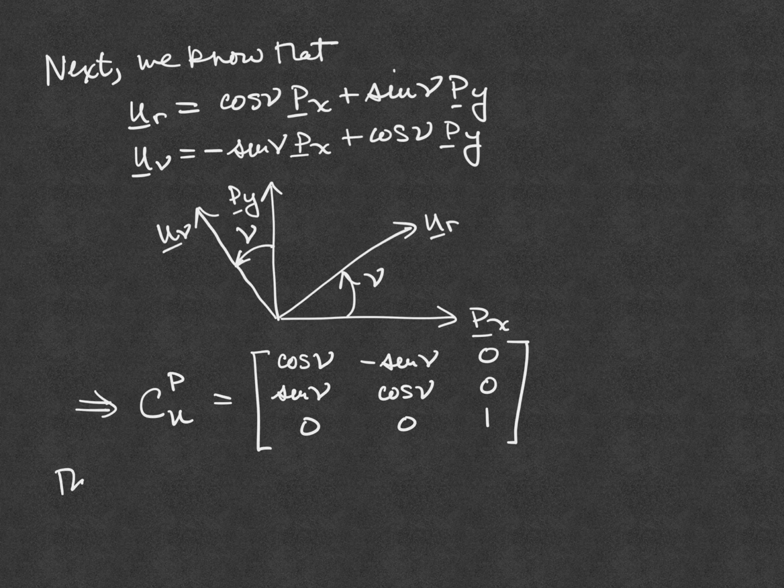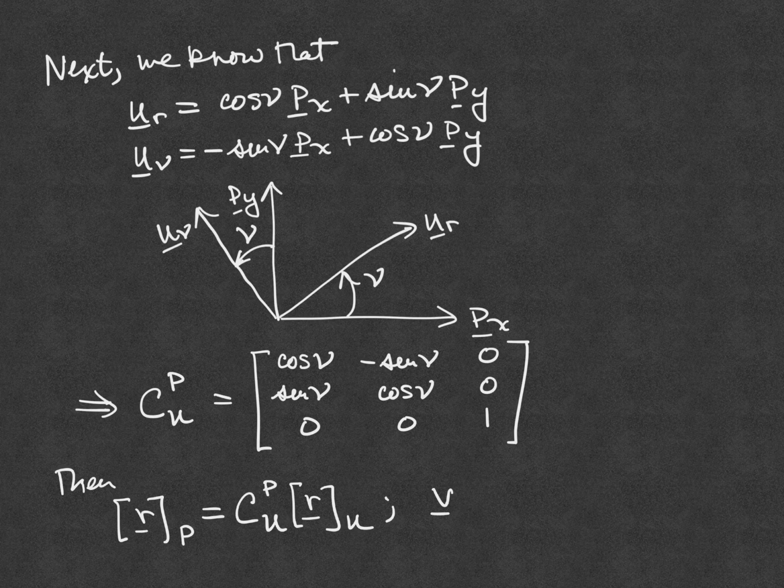So the position expressed in the perifocal basis is equal to the transformation from u to p times the position expressed in u, and the inertial velocity expressed in the perifocal basis is equal to the transformation from u to p times the inertial velocity expressed in u. But we already have expressions for both of these, so we can go ahead and figure out expressions for r expressed in p and v i expressed in p.